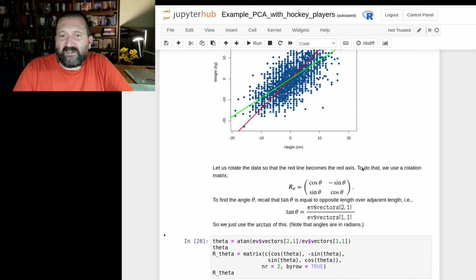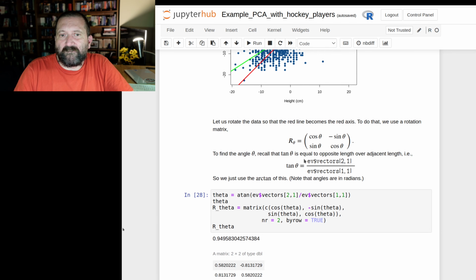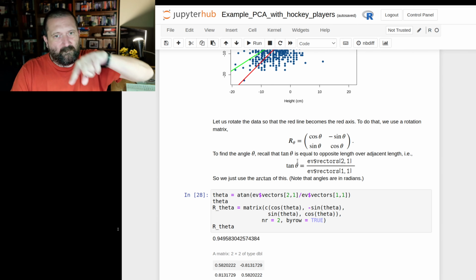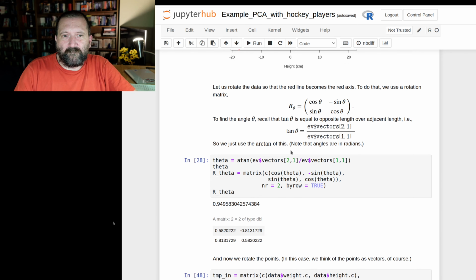And to find this angle, well, we just need the angle of that red line. And this we get by using the fact that this angle is equal to the tangent of one dimension versus the other, one direction versus the other. Okay, so we compute the arctangent of this, and that gives us the theta that we use in the matrix.